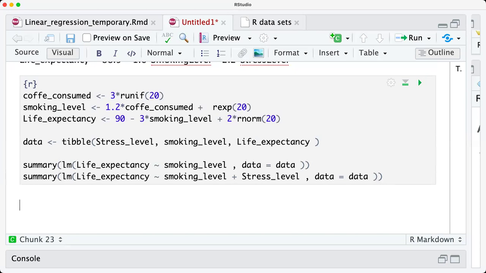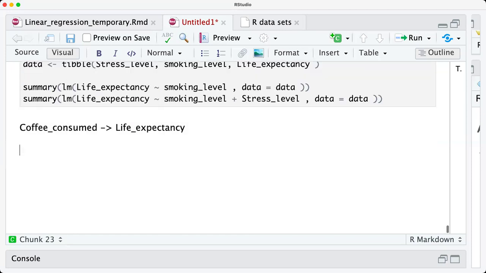Like I tell you, well, the coffee consumed influences directly the life expectancy. Or I tell you, no, there is a confounding variable, the cigarette.